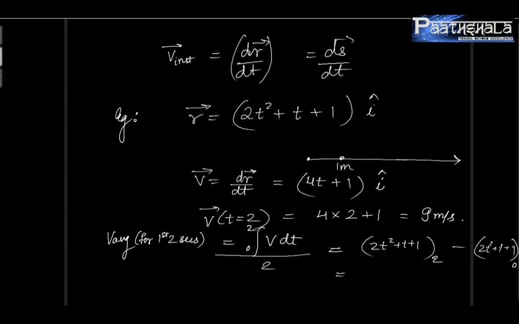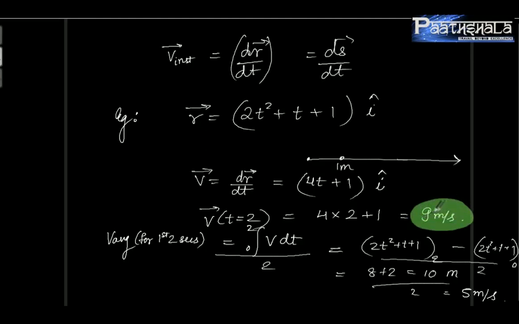The answer simply is 2 into 4, 8 plus 2, is equal to 10 meters have been covered in the first 2 seconds. So this whole thing divided by 2 is the answer. Divided by 2 is equal to 5 meters per second. So the average velocity for the first 2 seconds is 5 meters per second. But the instantaneous velocity at time t is equal to 2 seconds is nothing but 9 meters per second, as we see over here.